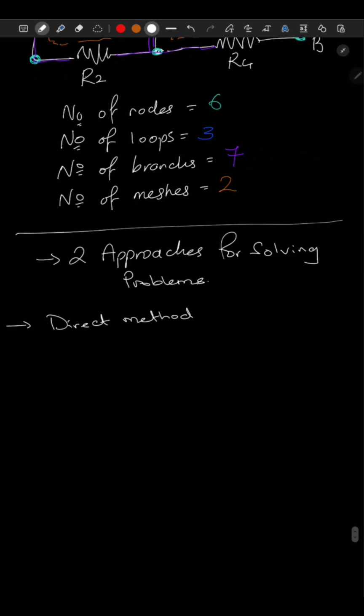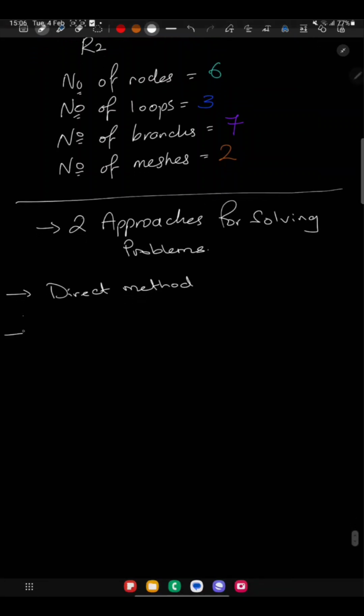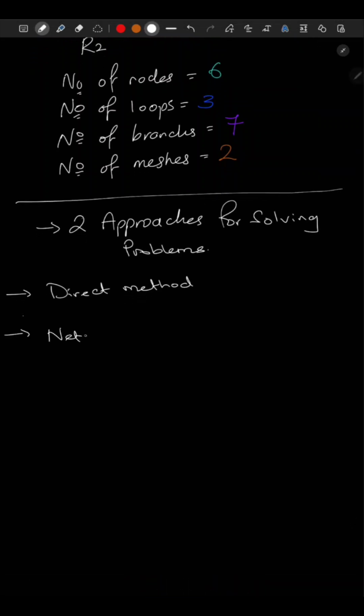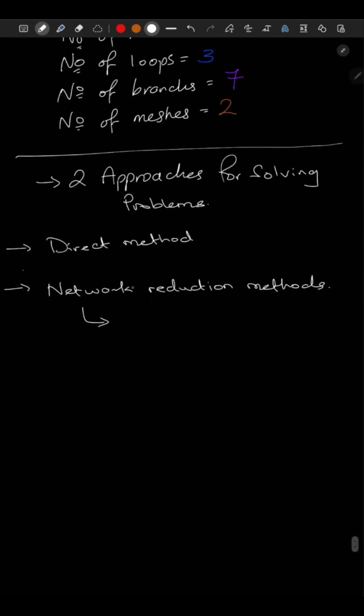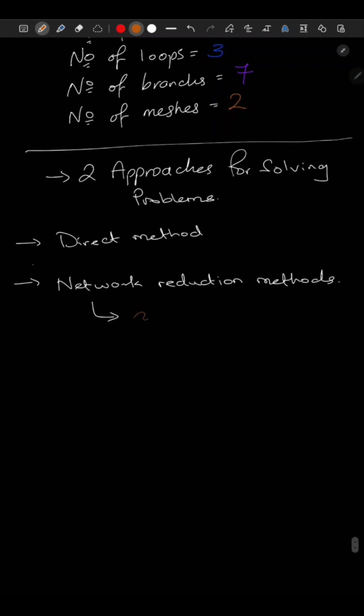We apply Kirchhoff's laws, loop analysis and nodal analysis, and the superposition theorem. And the second one is network reduction methods, where we use the famous Thevenin and Norton theorems.